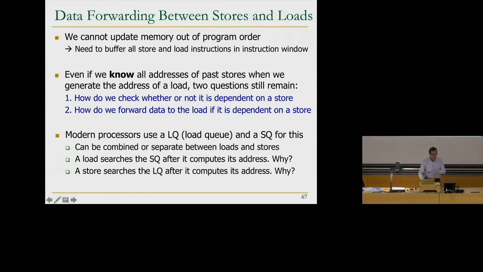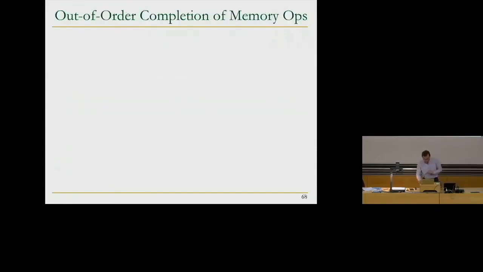So I'm not going to talk about the second case, but it's also needed if you're doing intelligent prediction. But the first case is needed even if you're not doing prediction. You just want to be able to decide whether this load is dependent on a store, even assuming that you know the addresses of all of the previous stores. Okay.